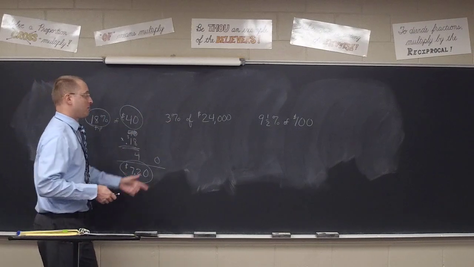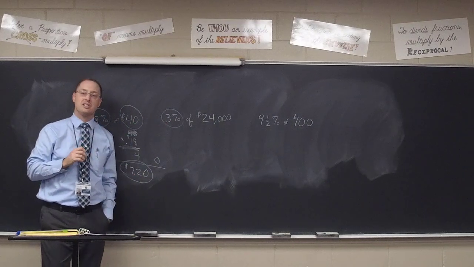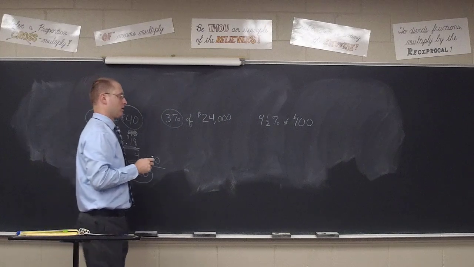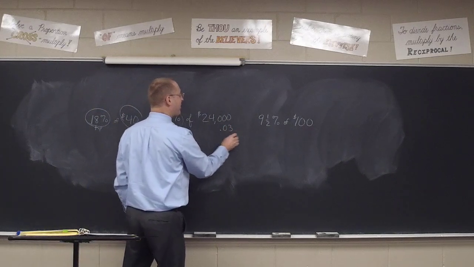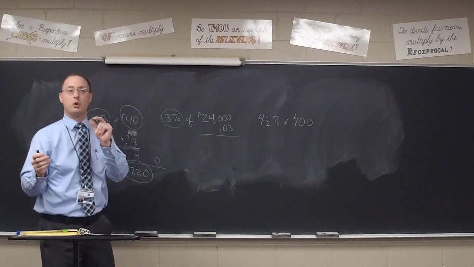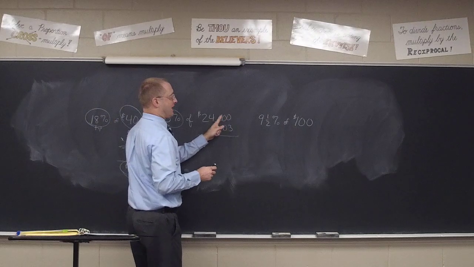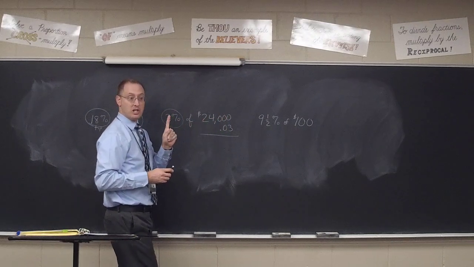If he gets a 3% commission, well, first we have to change 3% to a decimal. What is that as a decimal, Corey? 0.03. But am I really going to multiply by 24,000, class? No. I'm either going to hang the zeros, or there's another trick you could use. As many zeros as I have, that's how many decimal places I could knock out, right?